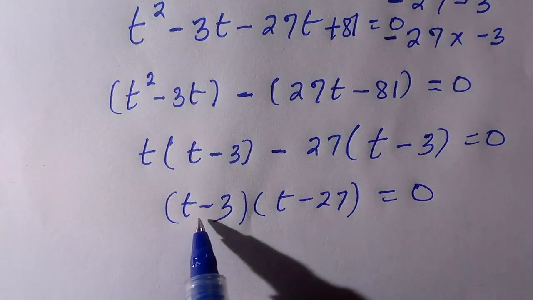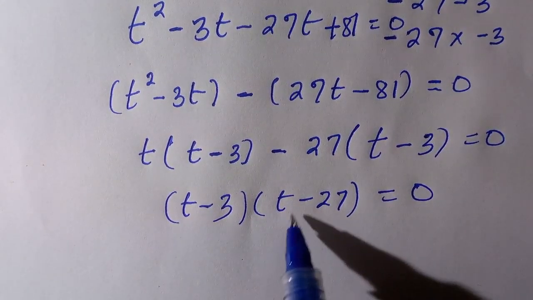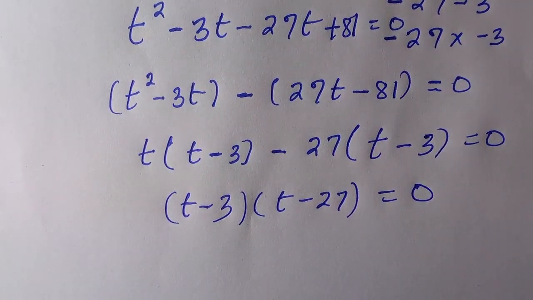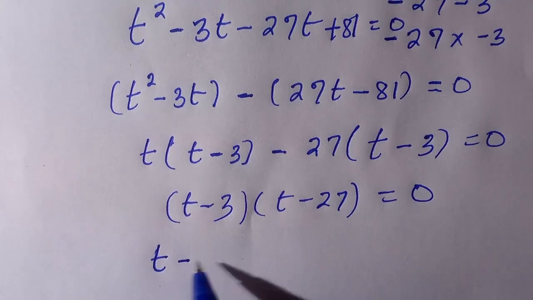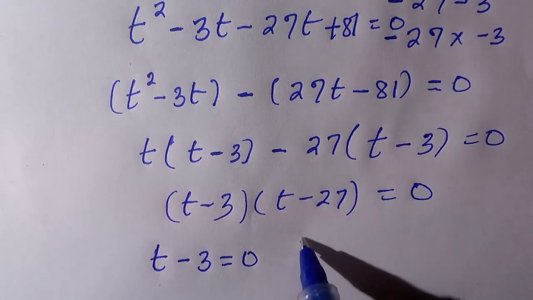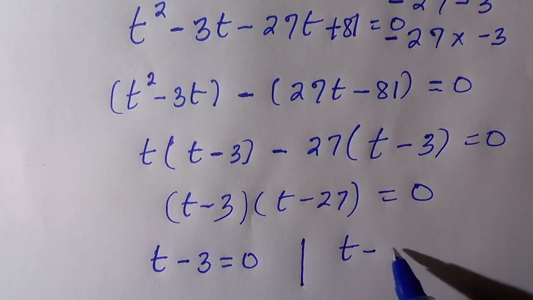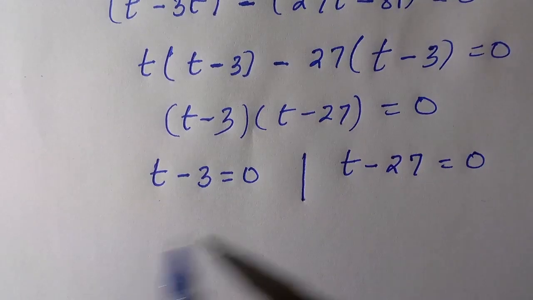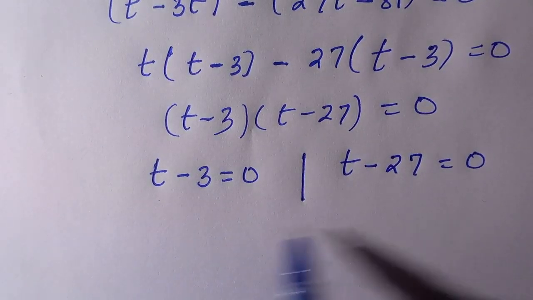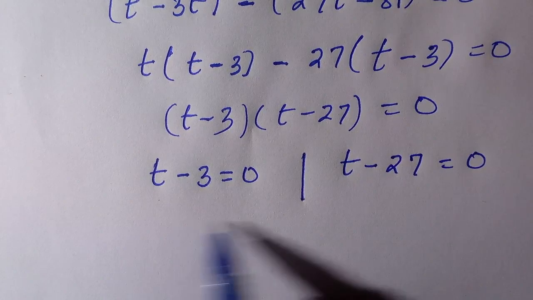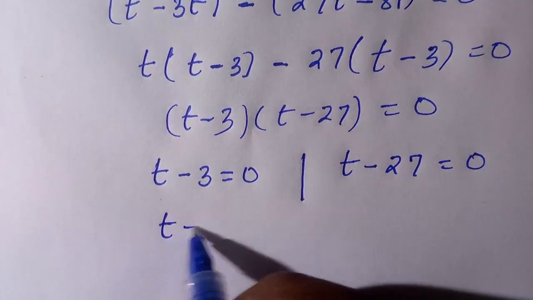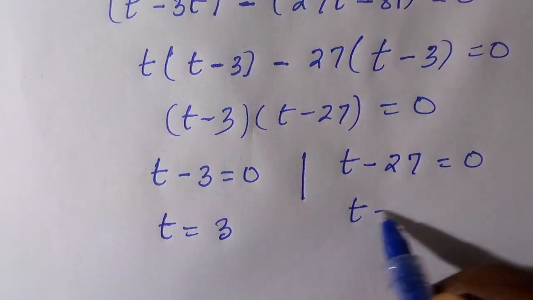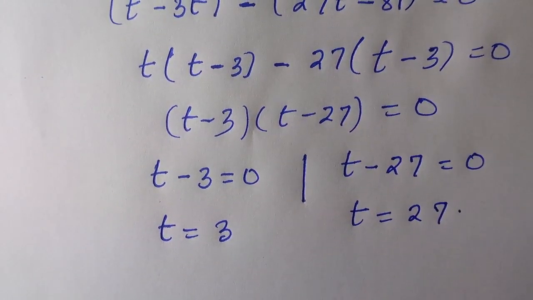We let t minus 3 equals 0, or we let t minus 27 equals 0. So with these two factors we can get their roots. So the roots of this equation become t equals 3, and t equals 27.